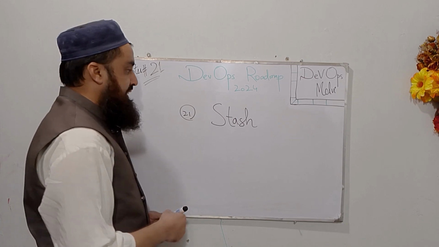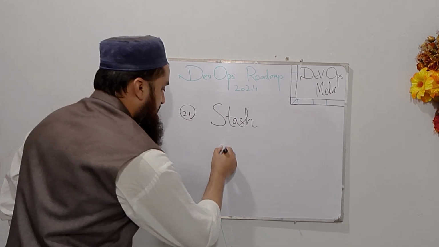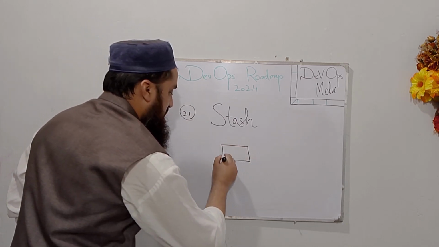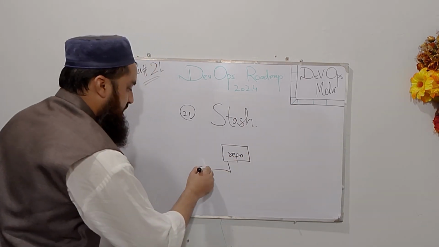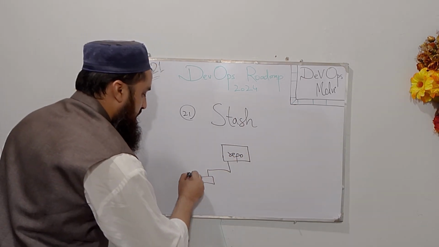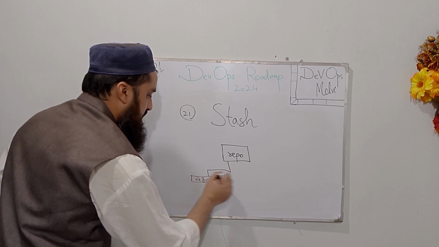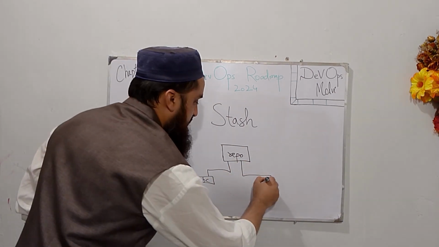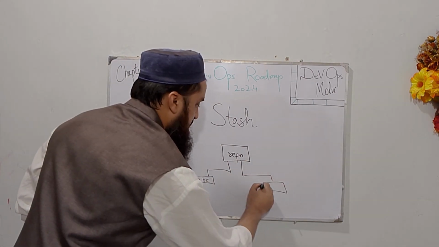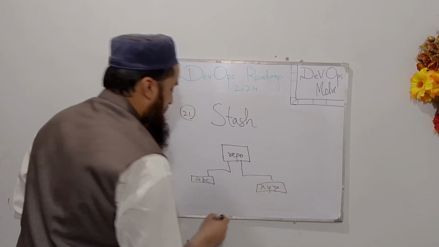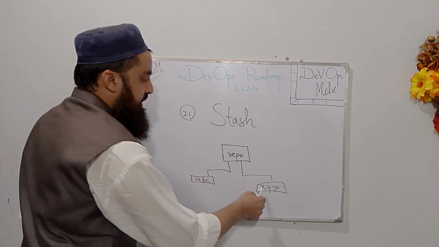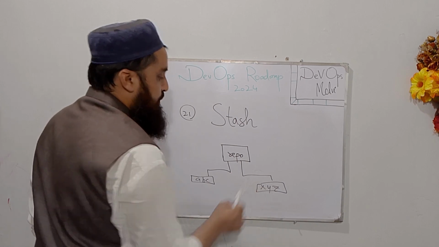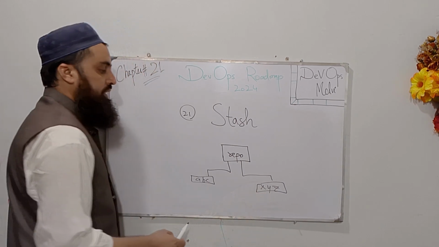So let me explain git stash with a scenario. I have this repository, and I have two branches in this repository. This is my branch ABC and this is my branch XYZ. I was working on branch ABC, but due to some emergency I have to switch to branch XYZ to finish up something.